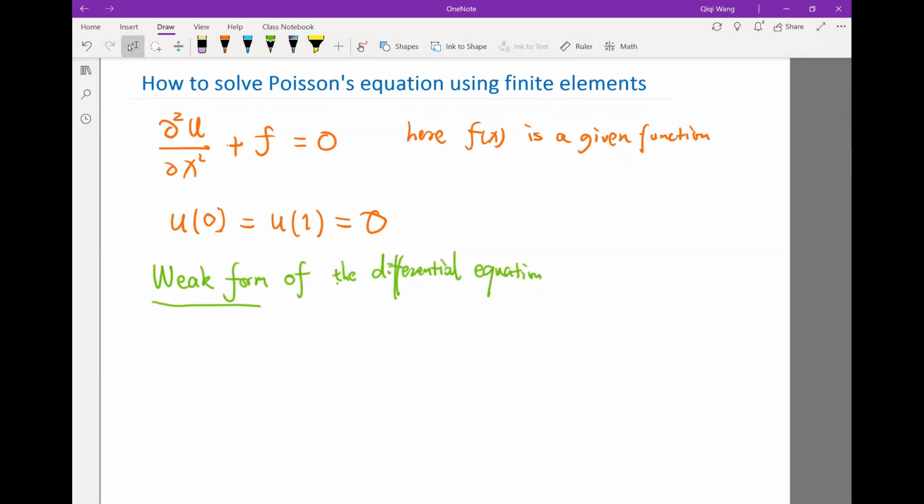It is also by integrating the equation. But before we integrate the equation, we actually multiply it with what's called a test function. Let me try to do it here.